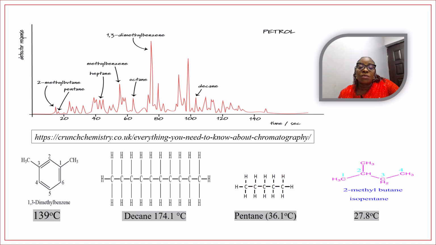We can also see from the chromatogram that 1,3-dimethylbenzene eluted before decane. 1,3-dimethylbenzene has a boiling point of 139 degrees Celsius, while decane has 174.1 degrees Celsius.